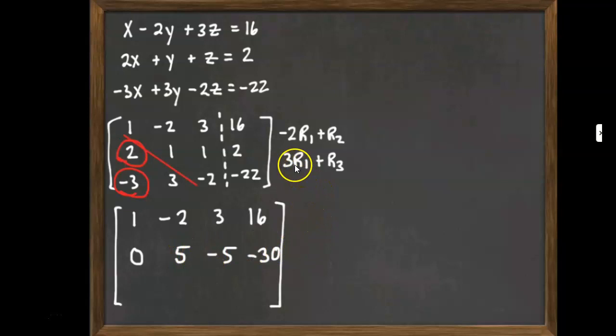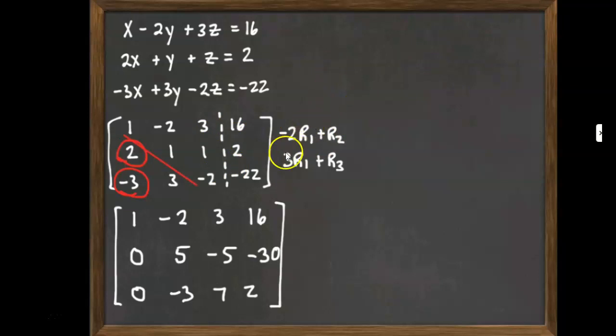And we continue here with row 3. So we're taking 3 times the first row plus the third row. Of course, 3 times 1 will be 3 plus 3. We'll zero it out just like we want it. And then we continue. Minus 3 times minus 2 will be minus 6. Plus 3 will be minus 3. 3 times 3 will be 9. Plus minus 2 will make that 7.